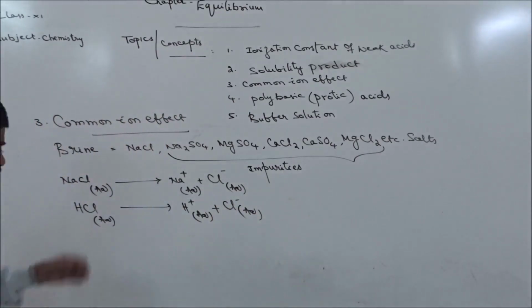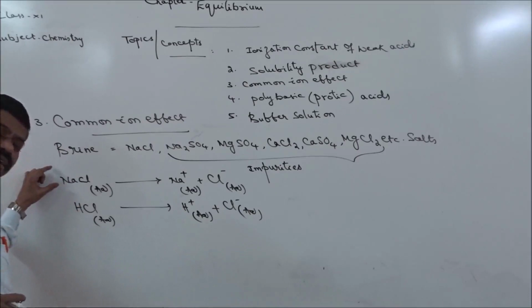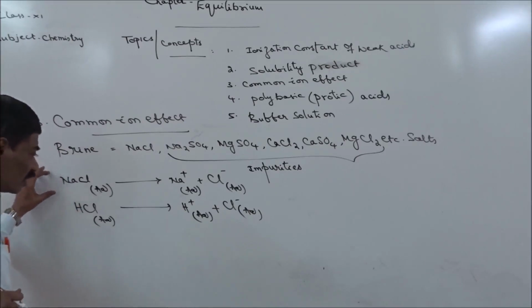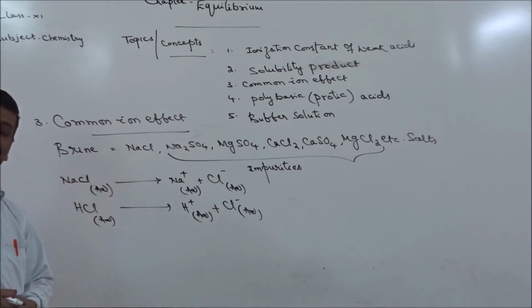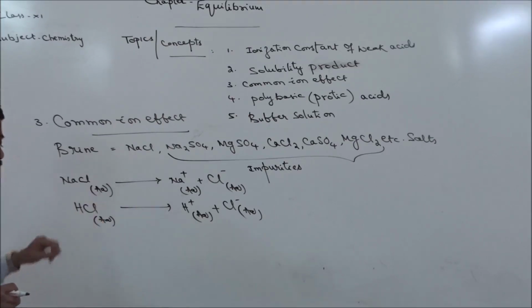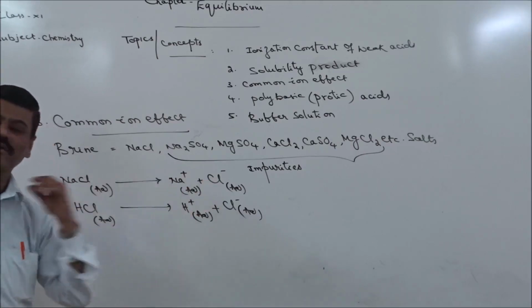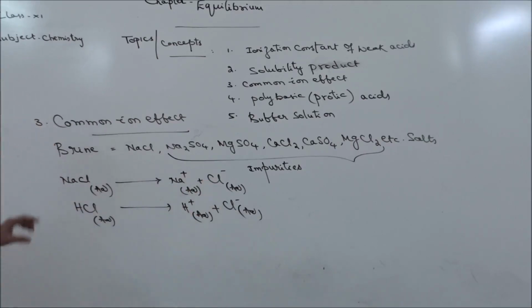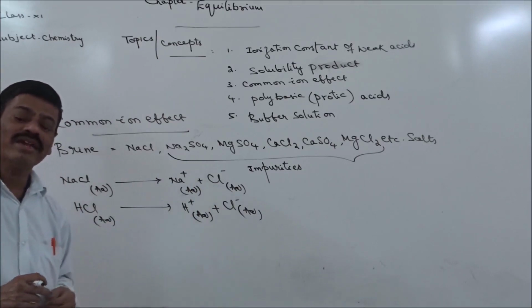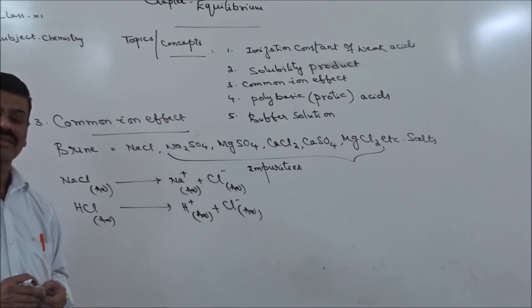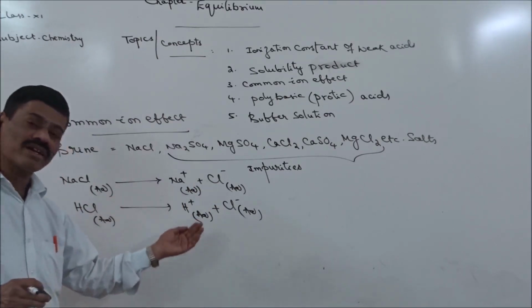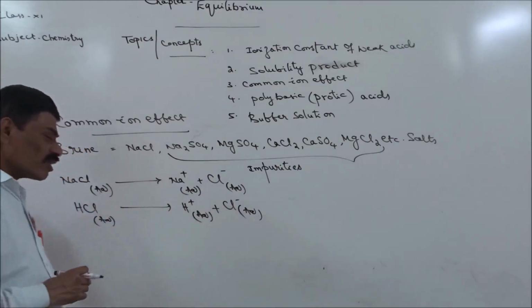Here when sodium chloride is undergoing ionization to form the ions, that time the reaction will not occur in opposite direction. Right? It is not reversible in nature. When HCl alone is undergoing ionization, that time also the ions formed from it are not going to exhibit backward reaction.